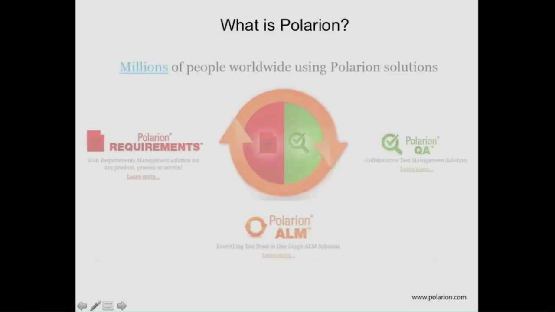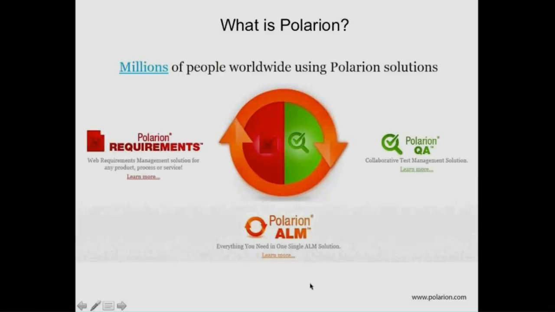First off, I'd like to talk a little bit about what Polarian is. Polarian is a very critical ALM tool that has three major components: Polarian Requirements, Polarian QA, and a superset of all aspects, Polarian ALM. It is designed to provide you the infrastructure necessary to maintain all the requirements and necessary development artifacts for your products and solutions.